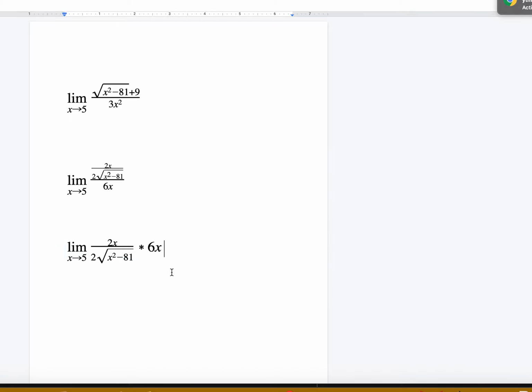Take the reciprocal of that. Next step, bring the limit down. Gotta keep bringing the limit down every step of the way. Your teacher will expect you to do that.